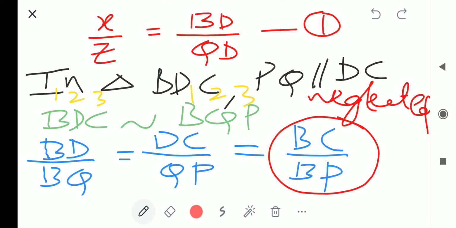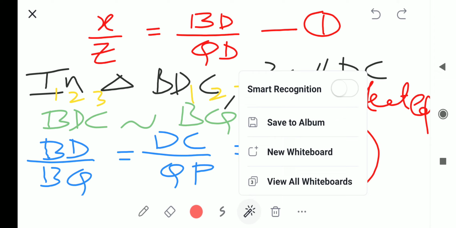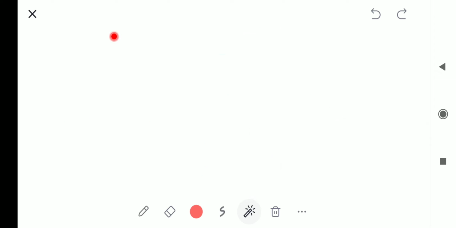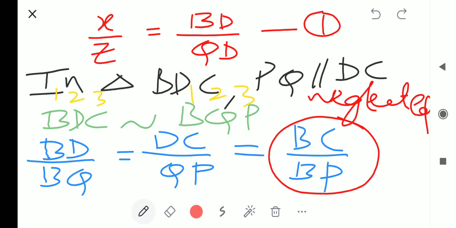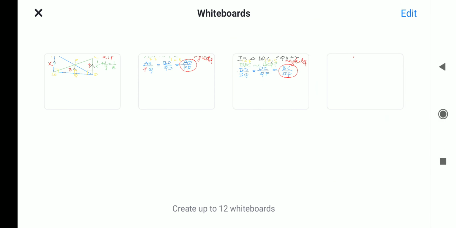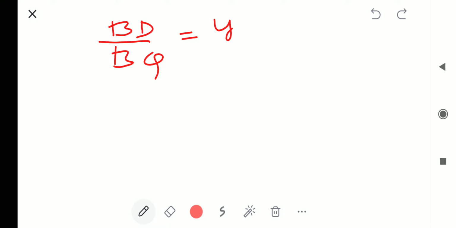Then I have BD by BQ is equal to DC by QP, in which DC is Y, QP is Z. So BD by BQ is equal to Y by Z. Let it be 2.